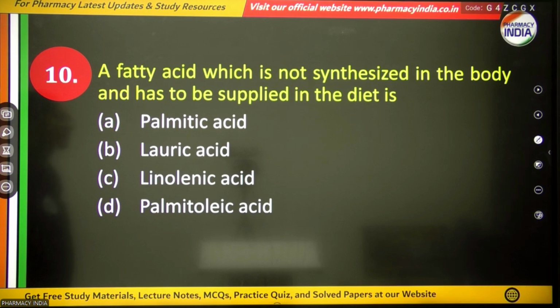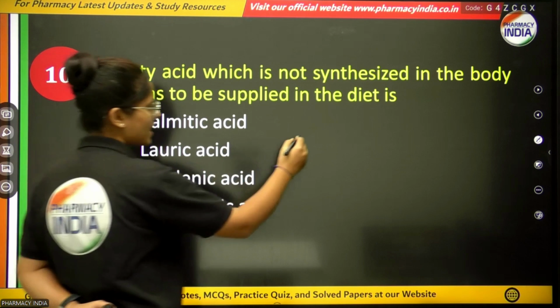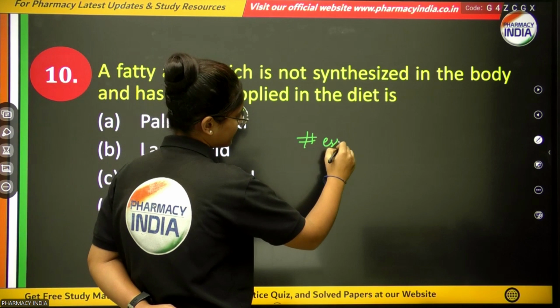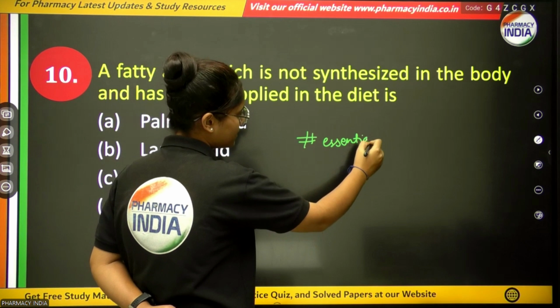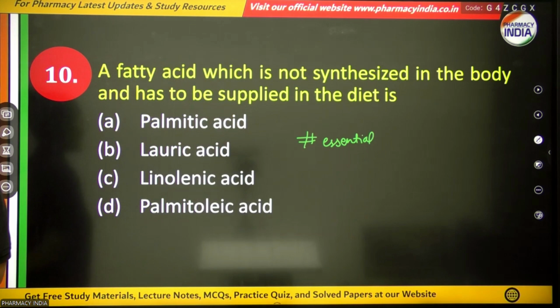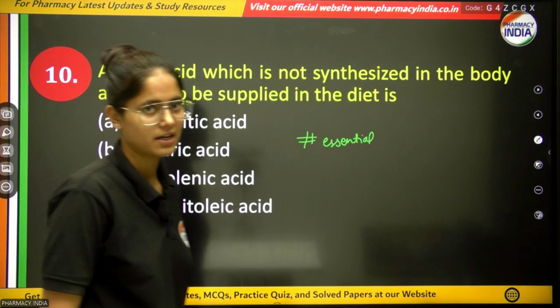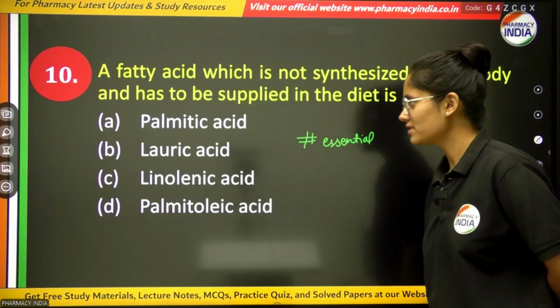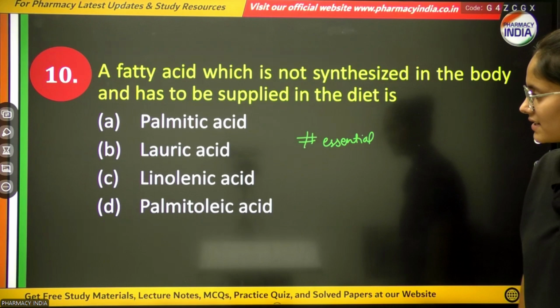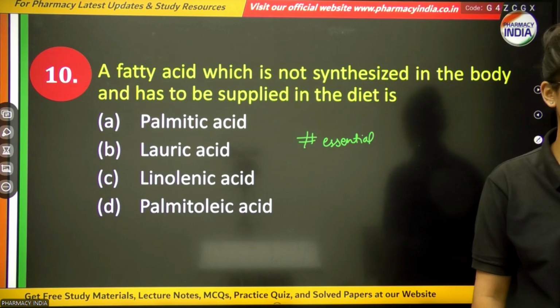A fatty acid which is not synthesized in the body and has to be supplied in the diet is. Now you have to tell the example of essential fatty acid. What are essential fatty acids? Those fatty acids which cannot be synthesized in the body and has to be supplied in the diet. Clear? So your options are palmitic acid, lauric acid, linolenic acid or palmitoleic acid.